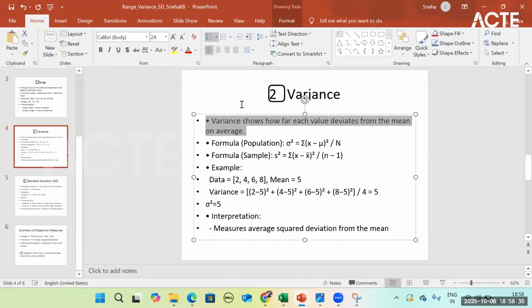A sample is a part of the population. If this is the whole population, it can be divided into multiple sets, and each is a sample of the data. If there are 1,000 data points, I can take only 5% or 2% of it, and that will become my sample data.